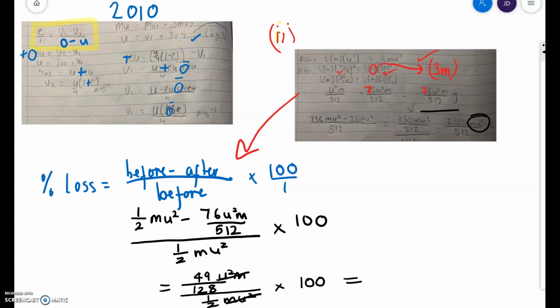Okay, so then this can just go into our calculator straight off, and we get 70.3%. Okay, so your problem was that you didn't divide it by the before. All you really got was your difference and then turned that into a percentage, if that makes sense. So it's your before minus your after divided by your before.